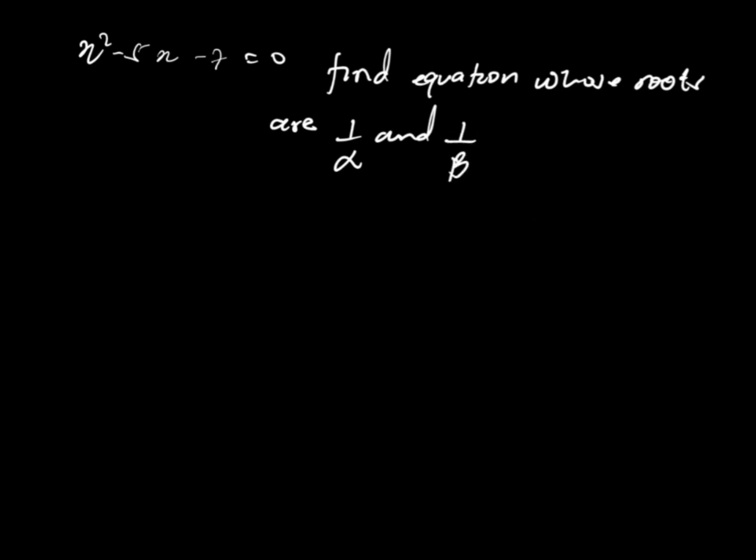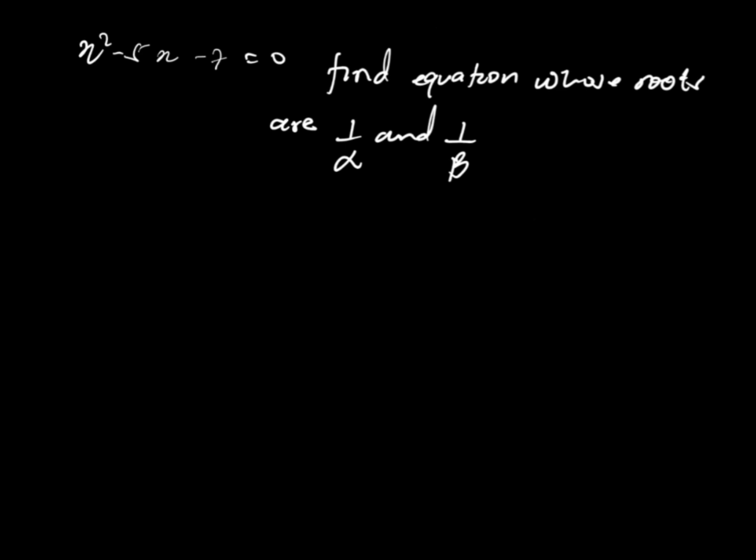So we are going to come from the first principles, from the beginning to the end, to work out this problem. You've been given a complete quadratic equation, and then you've been told to find another equation with roots of 1 out of alpha and 1 out of beta.